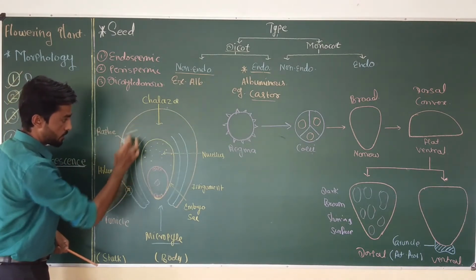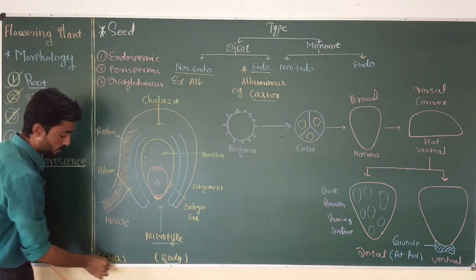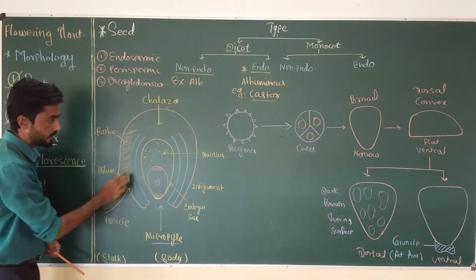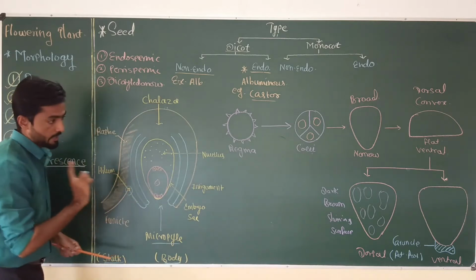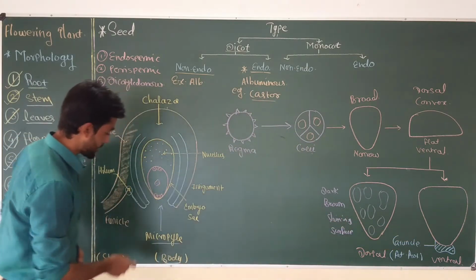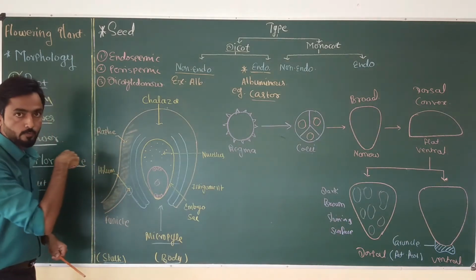This is the rounded structure of the ovule which is called body, and the funicle is the stalk. So the funicle is attached to the body at the hilum. I have already discussed the ovule structure in my previous video, and now remember that in every seed these three points, that is micropylar point, hilum and rape, are observed from outside.